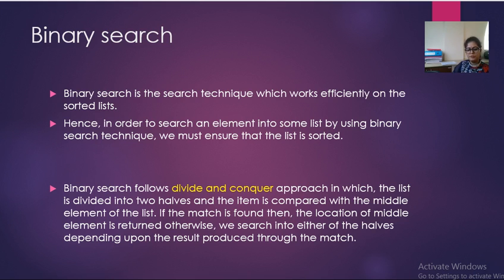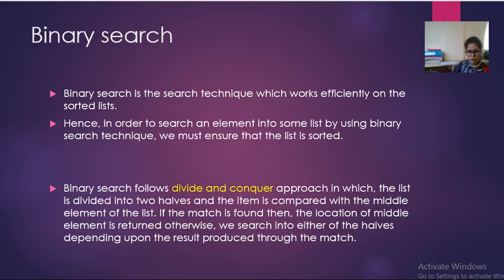Now binary search follows the divide and conquer approach. Why does it follow this approach? Because we have to divide the entire list into two halves, and we have to discard one portion of the list. That's why we have given this name to this algorithm. In this we divide the list into two halves, and the item is compared with the middle element of the list.